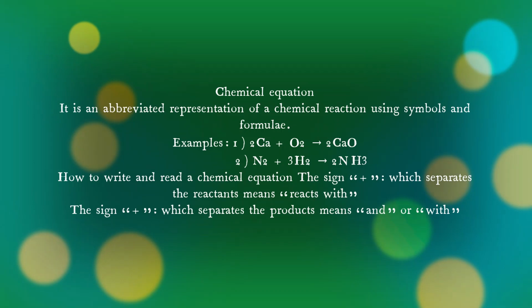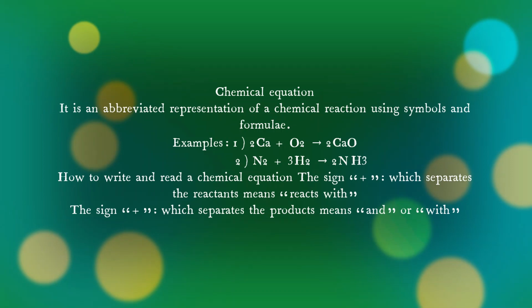Here we have potassium iodide reacting with lead nitrate to form lead iodide and potassium nitrate. This is a word equation, but you have to transform it into a chemical equation using chemical formulas.